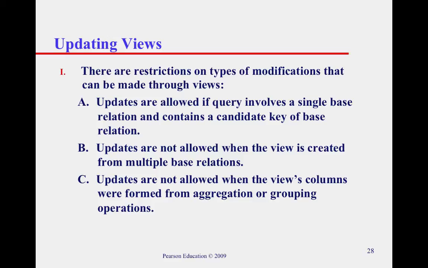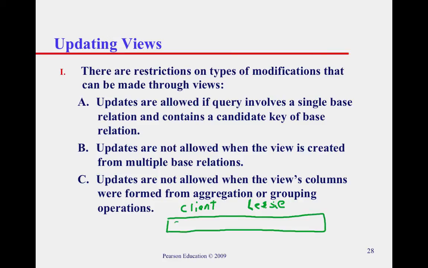As an example of why you probably don't want to allow updates when it's multiple base relations, think about if we have a client in our database and they've leased multiple properties from us. And we also have a lease relation. What we get is a view that shows a single tuple with the current lease for this client.